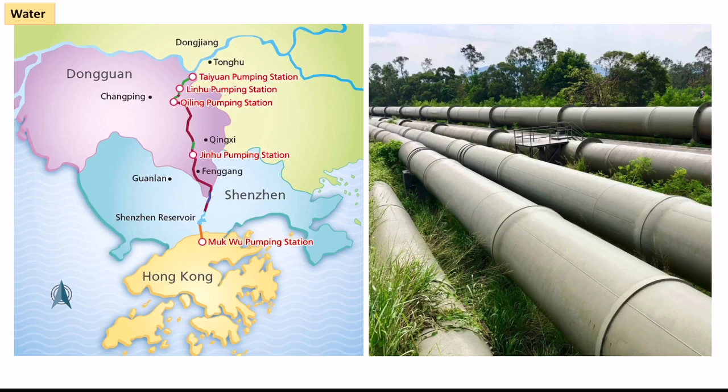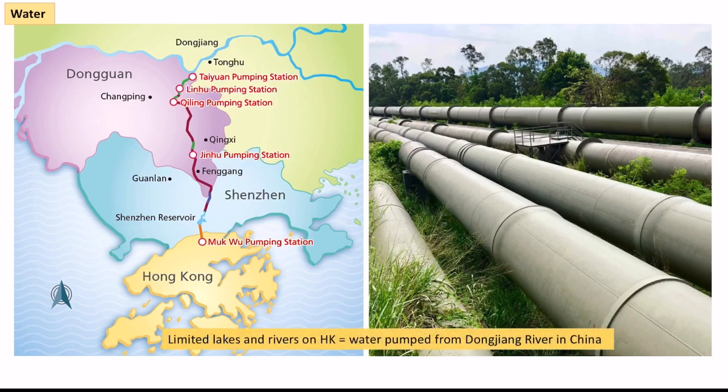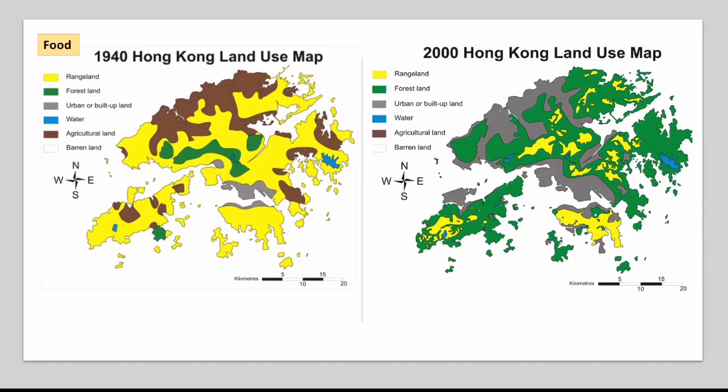As we said with energy, Hong Kong has to rely on China for most of its water. It's pumped from the Dongjiang River in China. This is because there's pretty much no lakes and rivers in Hong Kong. That's the same also for the food. Here's a map showing the agricultural land, which back in the 40s, there were areas that were available to use for agricultural land.